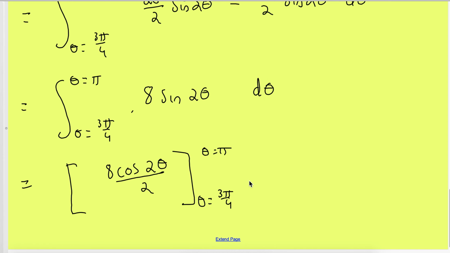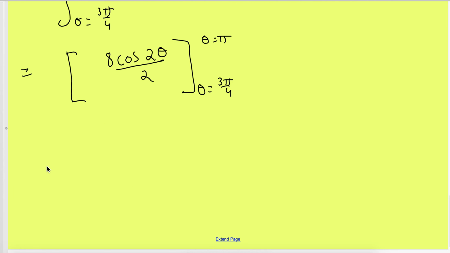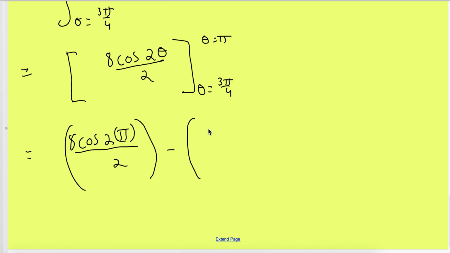So let's substitute in our limits there. So that is going to be 8 cos 2 pi over 2, take away 8 cos 2 times 3 pi by 4 over 2.